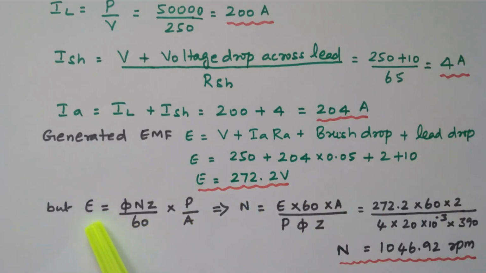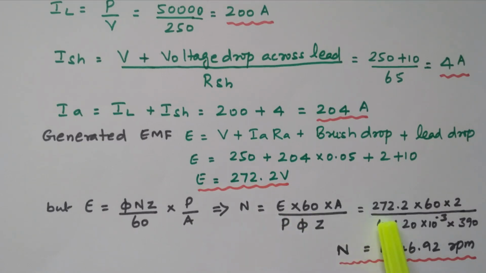Now we need to find the speed of the generator. For the generated EMF, one more formula is available relating the speed: E equals phi n Z divided by 60, into P by A. That is the flux, number of conductors, speed divided by 60, into number of poles divided by number of parallel paths. By rearranging this, n equals E into 60 into A divided by P phi Z. All these values are known.